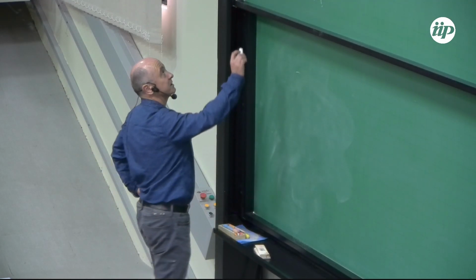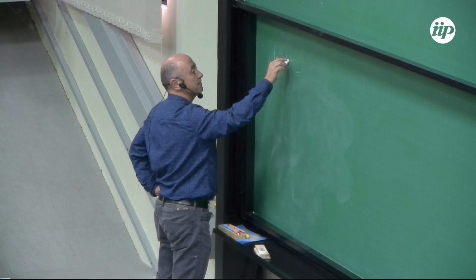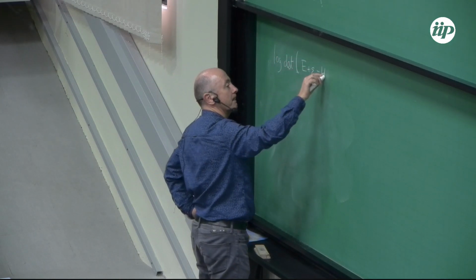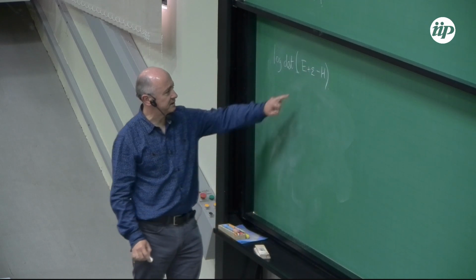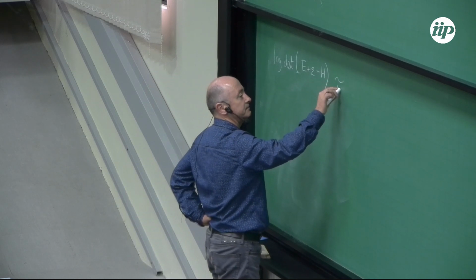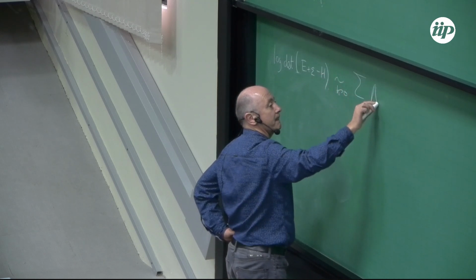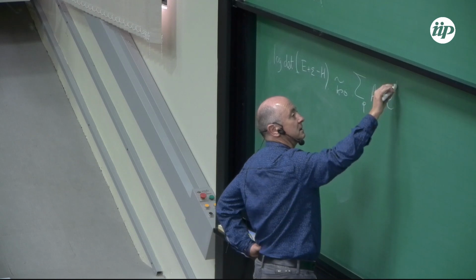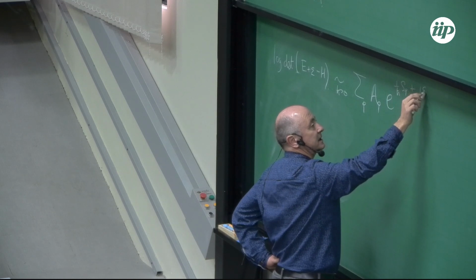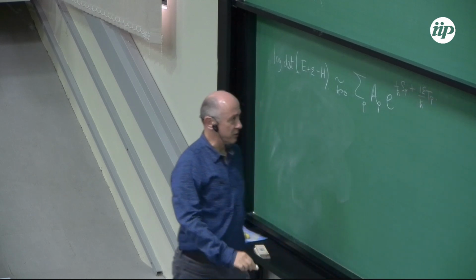And to do this, I want to imagine looking over a short energy window. So let's look at the logarithm of the determinant of E plus epsilon minus H. Epsilon will be an energy window. So semi-classically, this is going to look like a sum over periodic orbits P of terms with phase i over h bar times the action, plus i times the small energy over h bar times the period of the orbit.